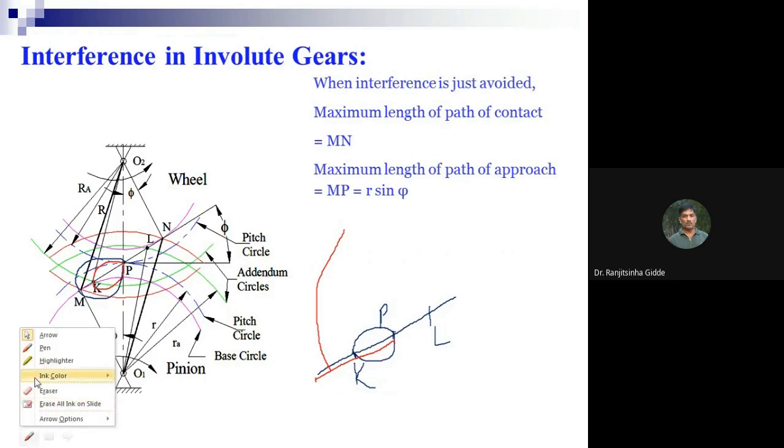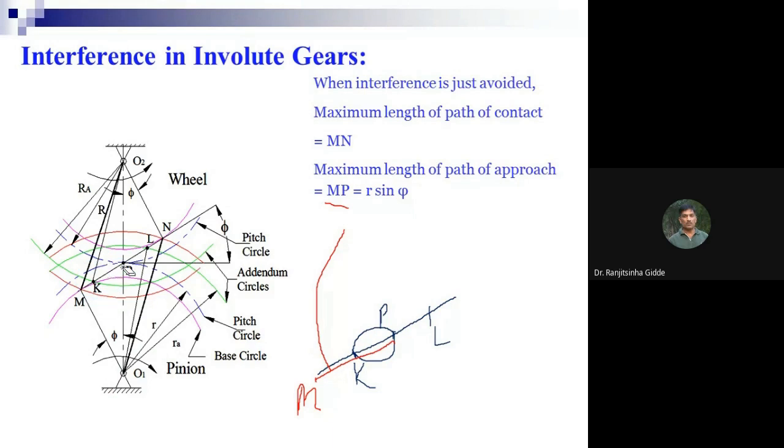That means here I will write M. So this MP, here we have written, this MP is nothing but the maximum length of path of approach. Now how will the question be asked?